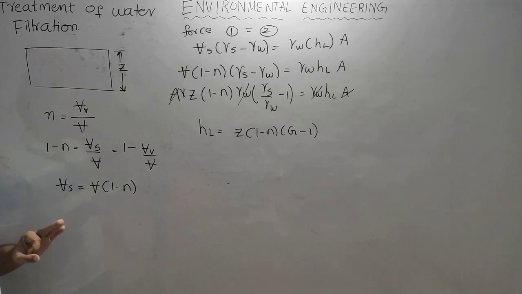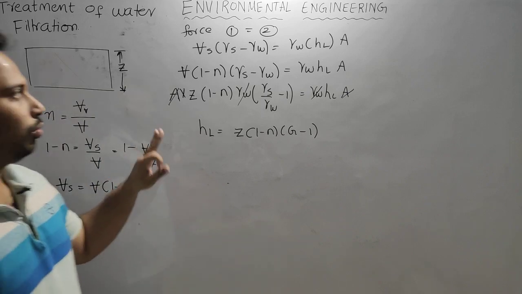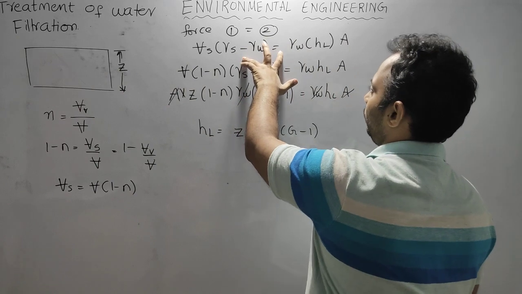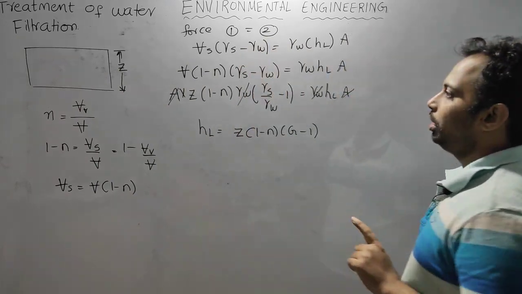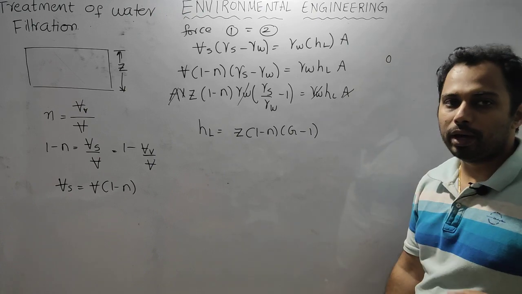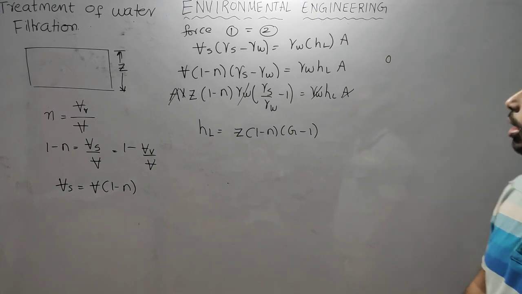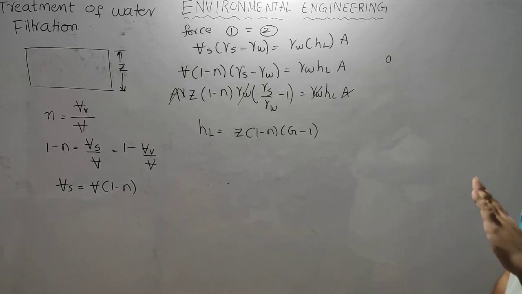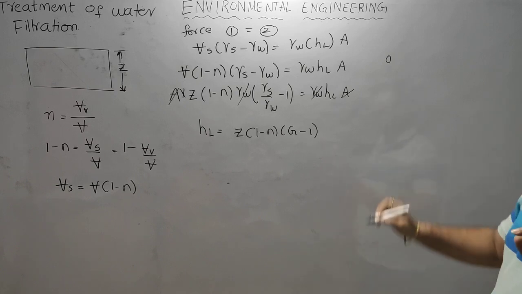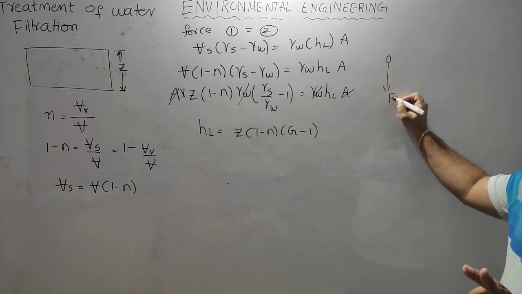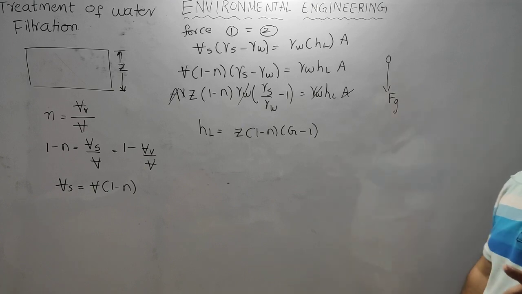See, one more point. Listen carefully to what I am saying. We have arrived at this equation by two things. One is, if you look at a single particle, when there is no water, there will be only gravitational force on this particle, right?